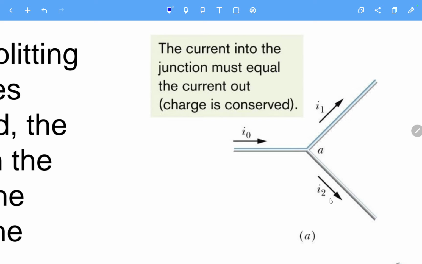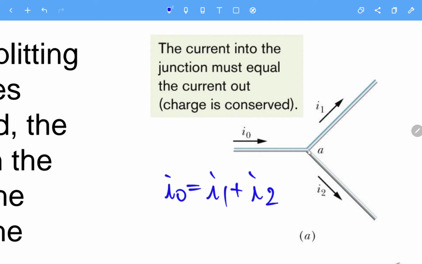Kirchhoff current law tells you that the total current going into a junction should be the total current going out, which means that in this figure we can write it as I0 equals I1 plus I2, like this.